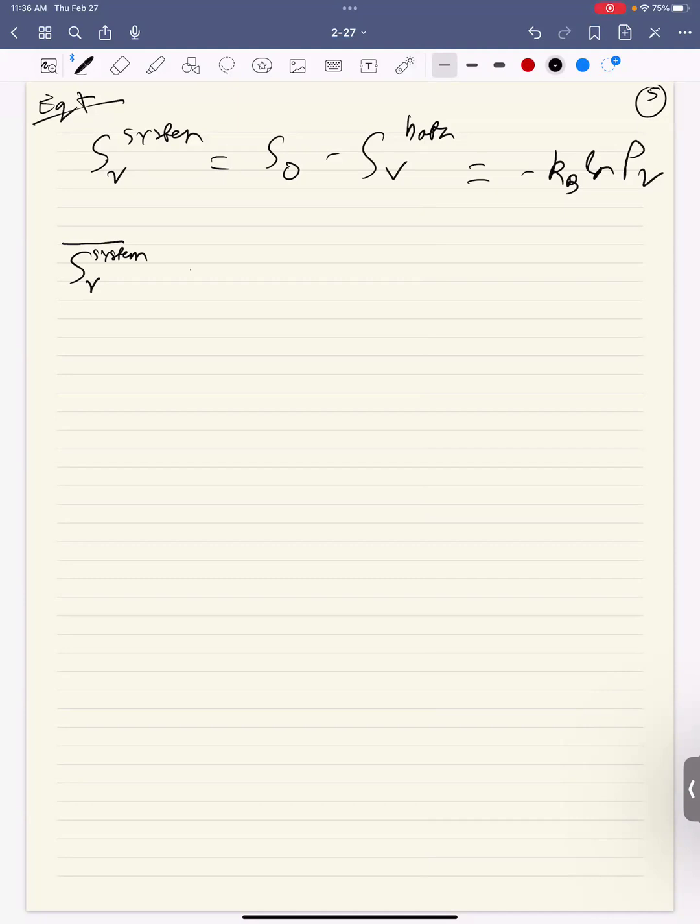So this will be average of S naught minus average of S nu bath, right? Or it will be average of S naught minus S nu bath together, correct?